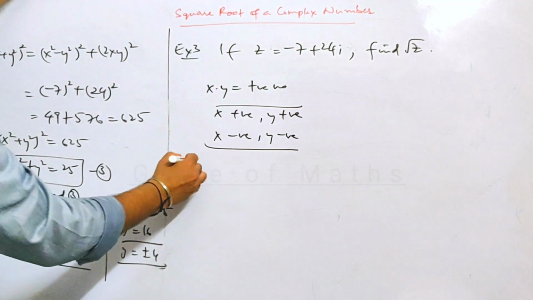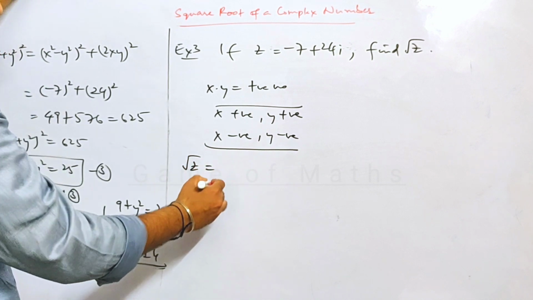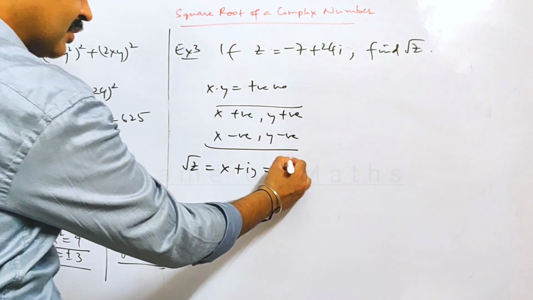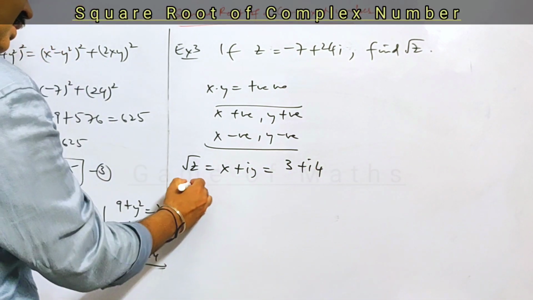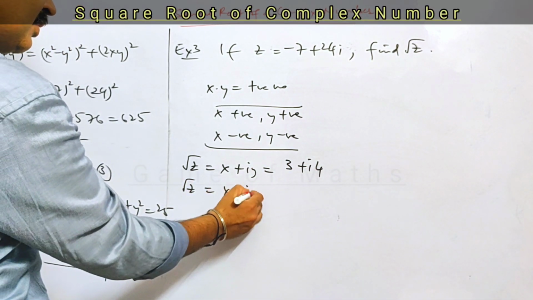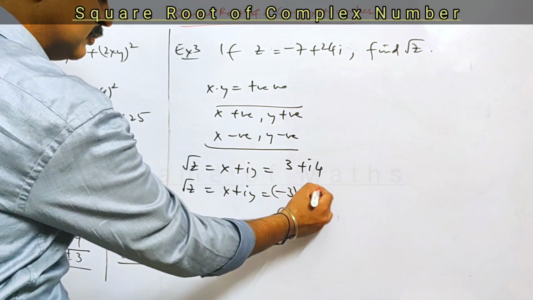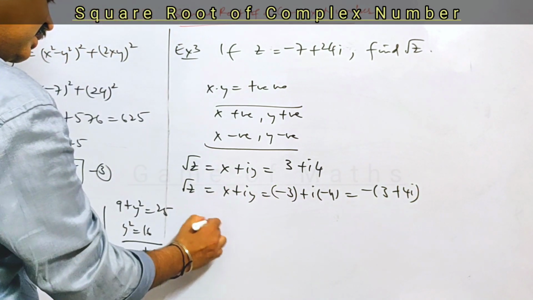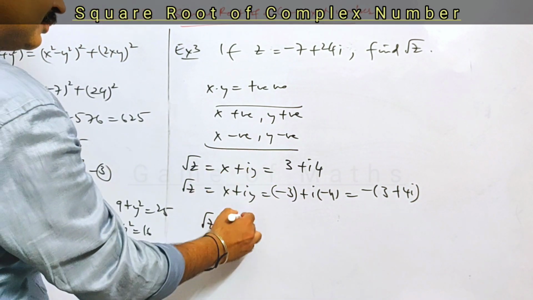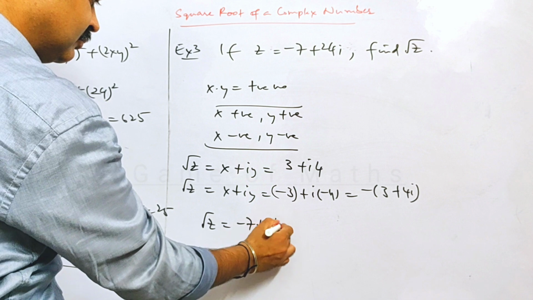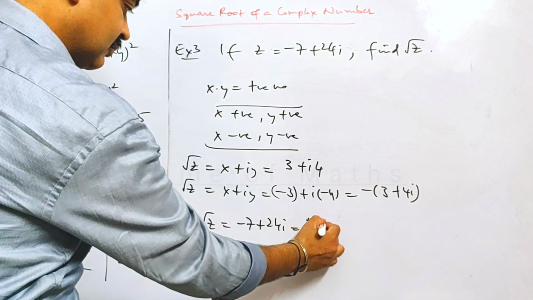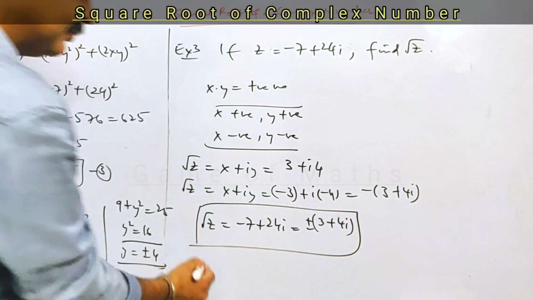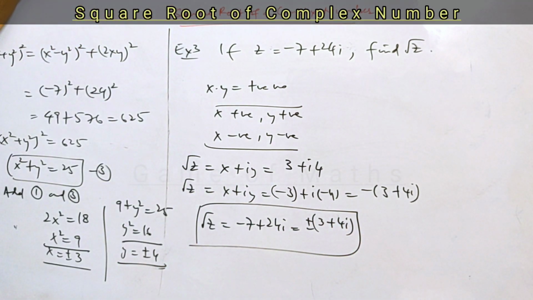So one possibility, the square root of z is equal to, when both are positive, 3 plus iota 4, and the second possibility when both are negative. So we can combine the results and write the square root of z is equal to this. Okay, thank you.